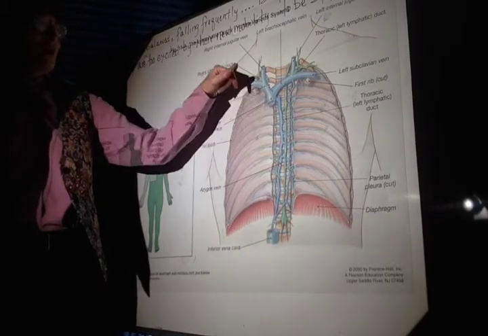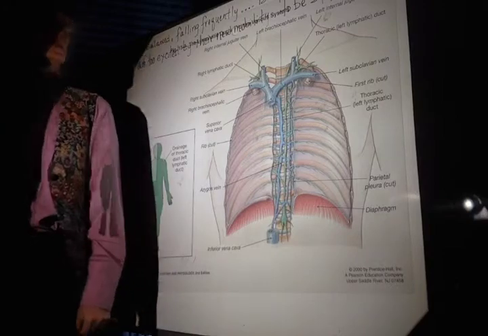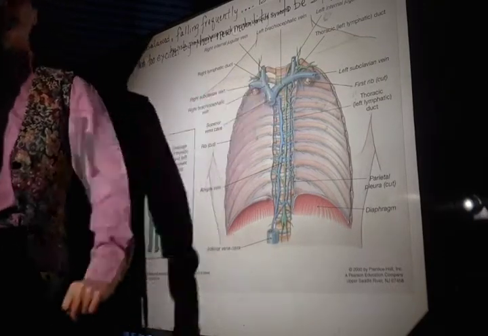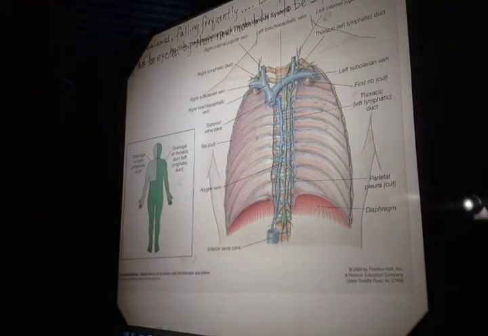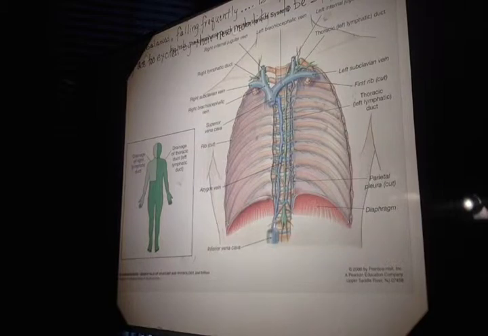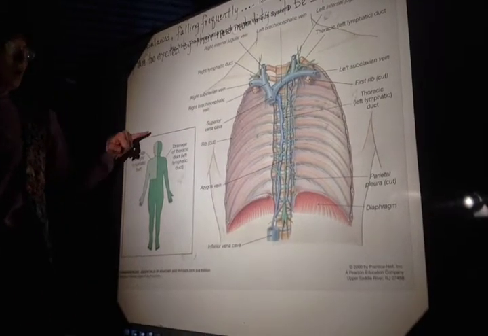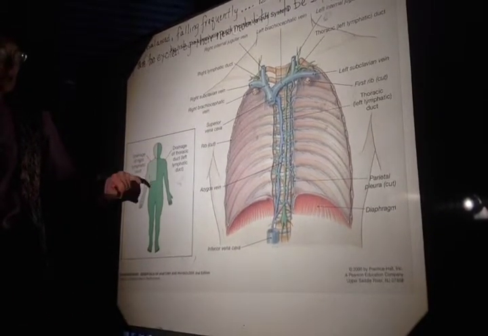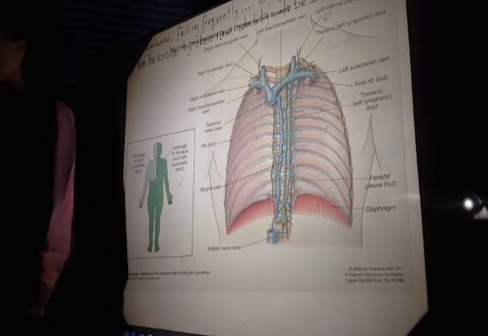Okay? So you have a right lymphatic duct, and then you have the thoracic duct on the other side. The thoracic duct is carrying most of the lymph drainage from the body, except for the right side of the head, the right side of the thorax, and the right arm.